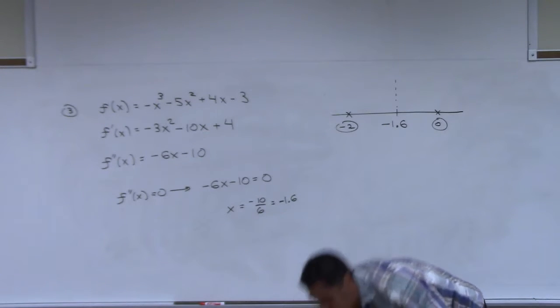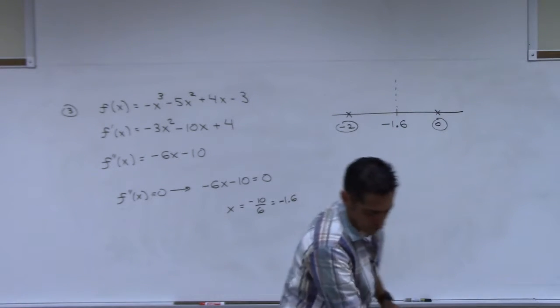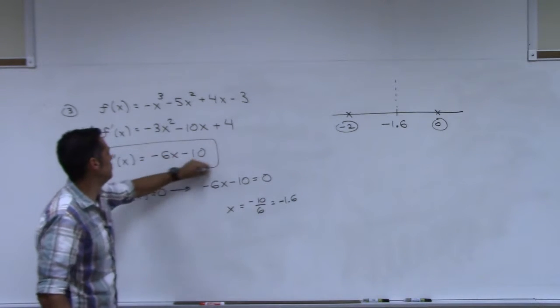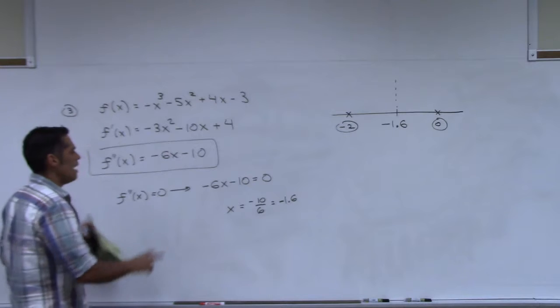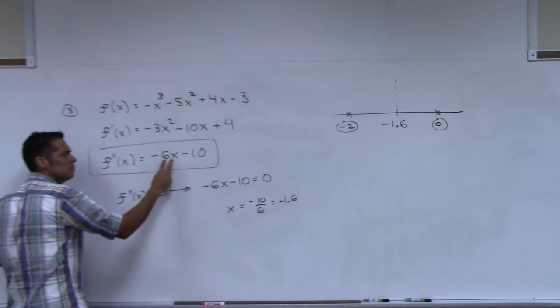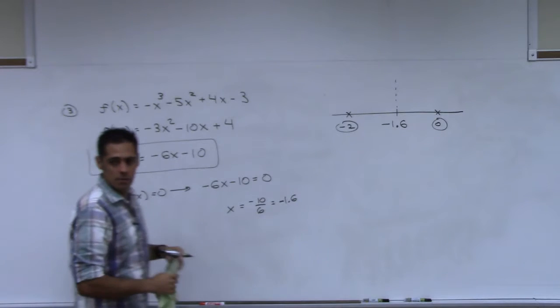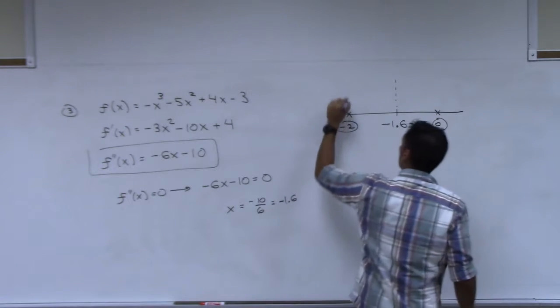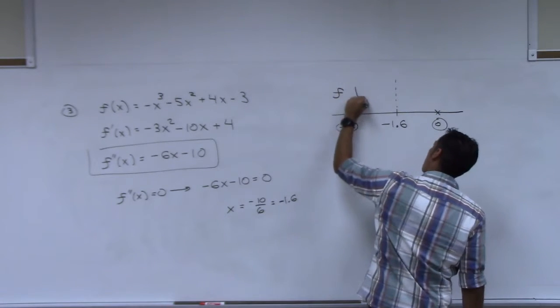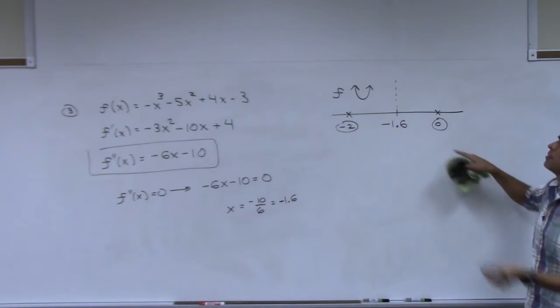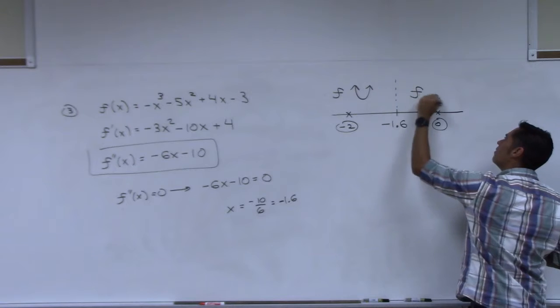The second derivative. What happens if I put negative 2 right here? I get positive 12, take away 10, that's going to be a positive number, right? So that means my original function here is concave up. And if I plug in 0, it's going to go the other way, so it'll be concave down.